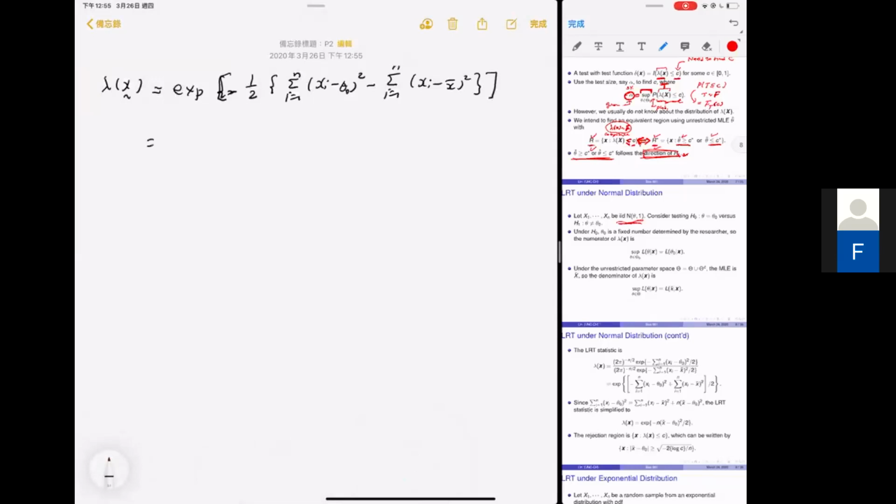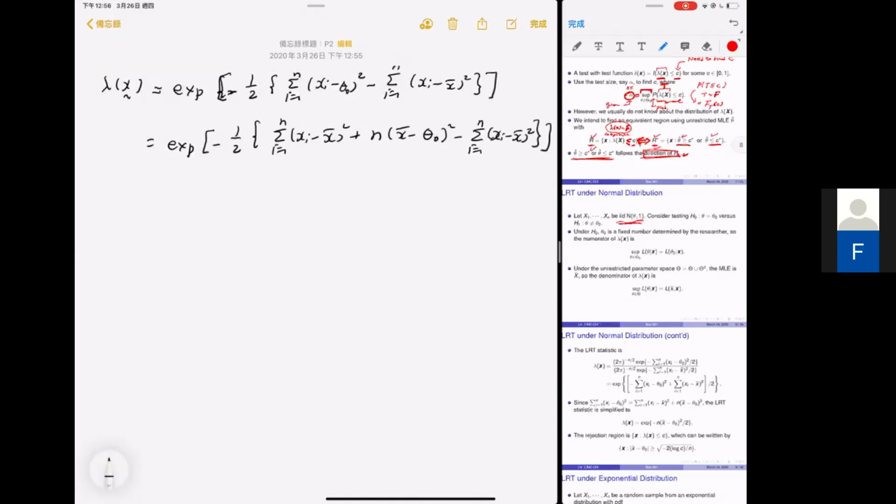So that means I can actually cancel out a bunch of guys if I write down summation i from 1 to n, xi minus x bar squared, then plus n times x bar minus theta 0 squared, then minus summation i from 1 to n, xi minus x bar squared right here.